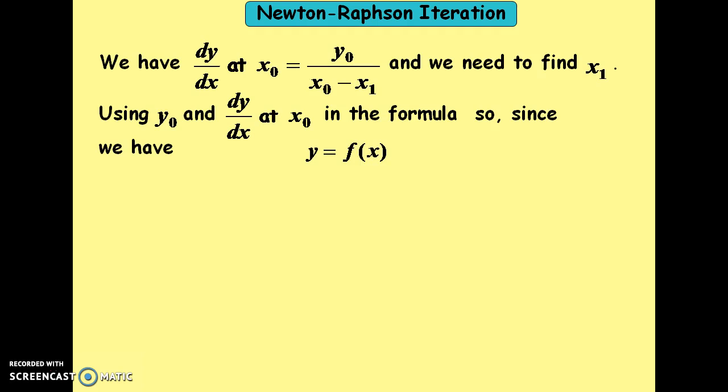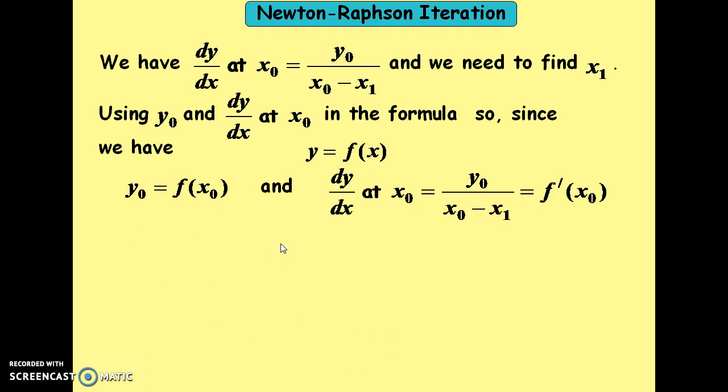From the equation y = f(x), at the point x naught we can write y naught equals f(x naught), and the value of dy/dx at x naught is y naught divided by x naught minus x1.